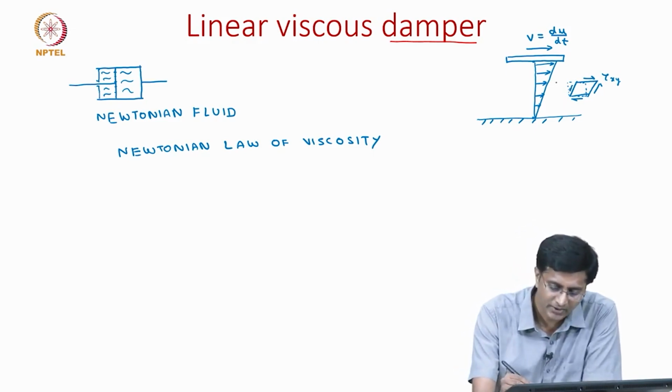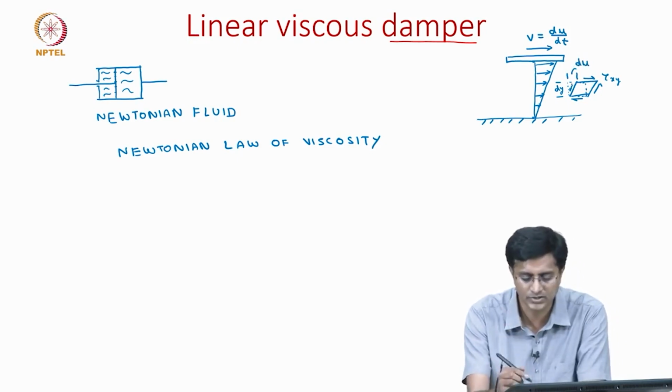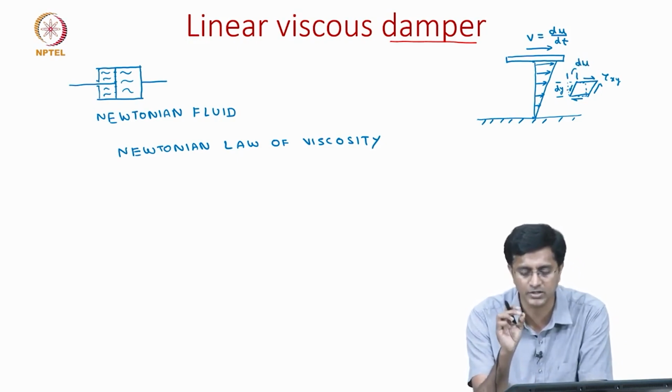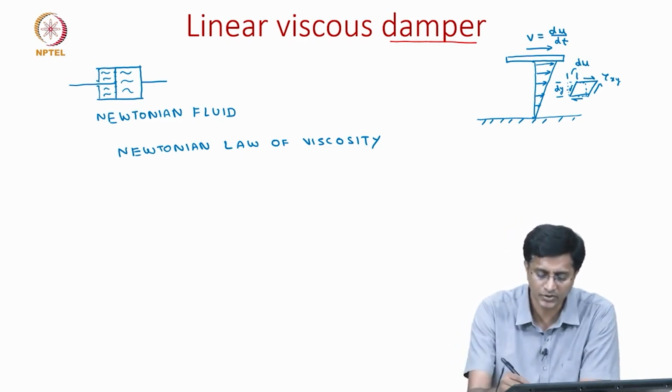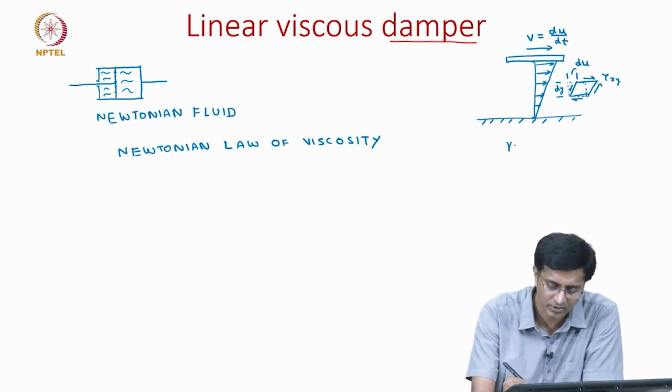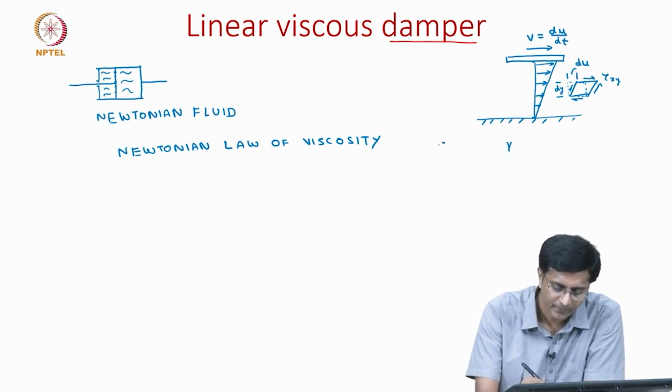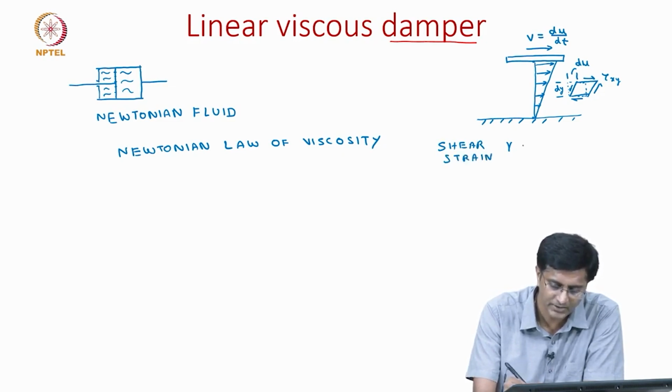This has a vertical length of dy, and this deformation is represented with du. So, du is how much this vertical line of the elemental square deforms, or the rotation of it. The shear strain, which is shown with gamma, is given as du by dy.